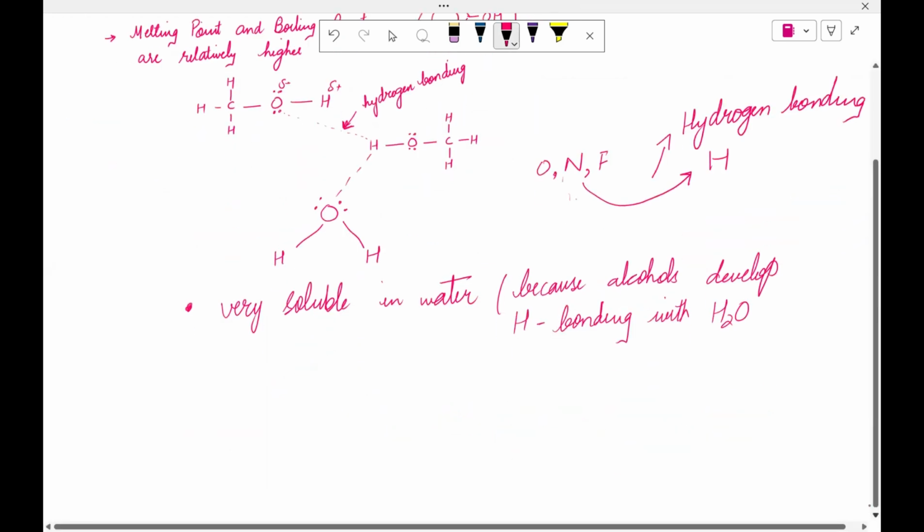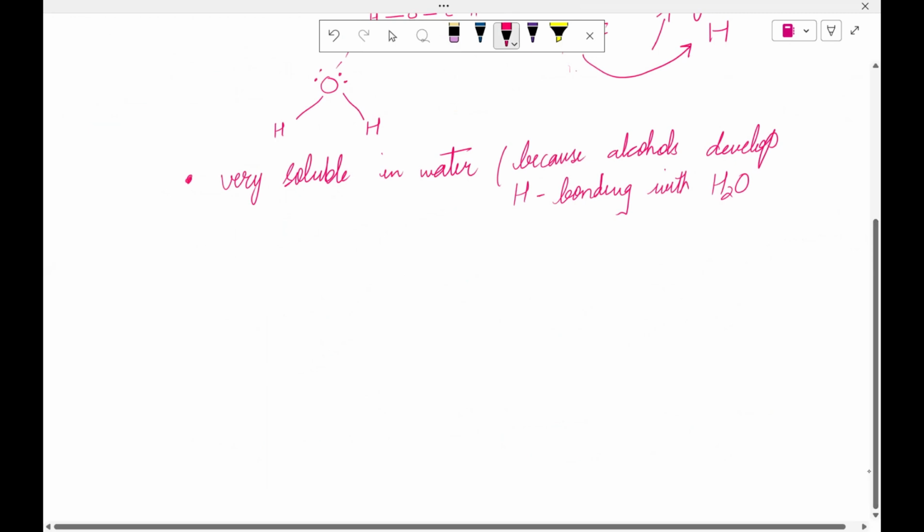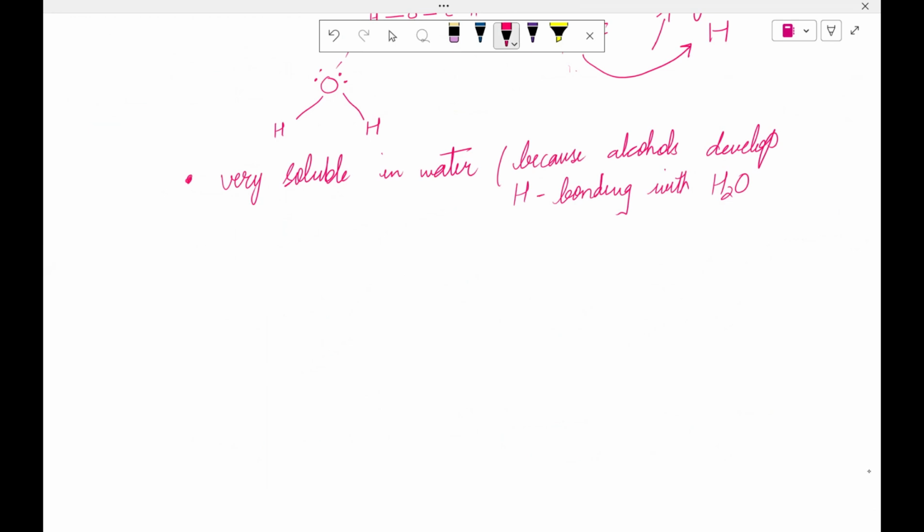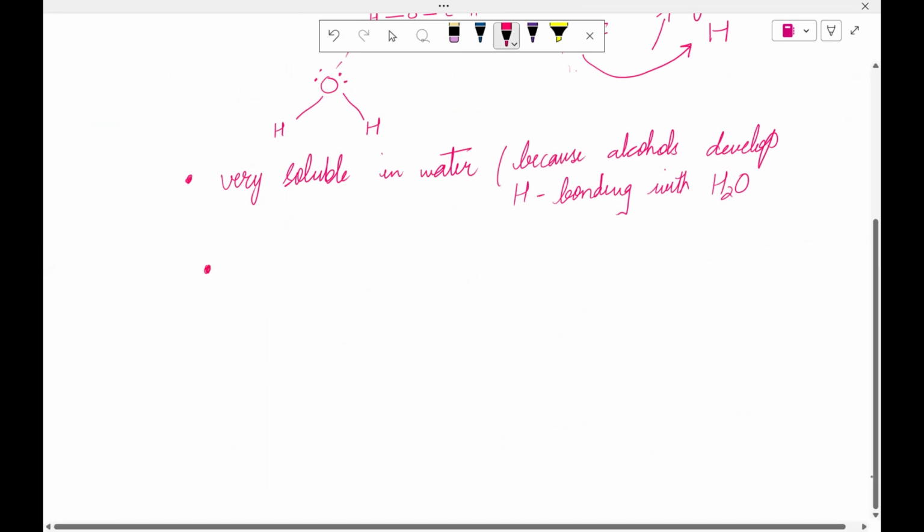Okay, so let's move further. Their solubility actually decreases with an increase in the size of the alcohol.